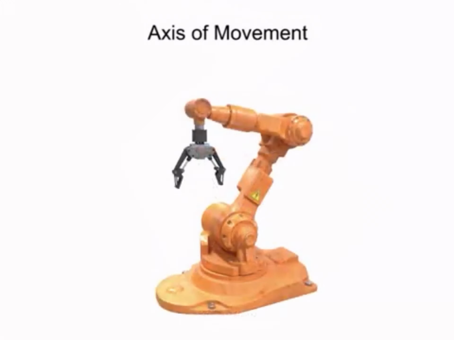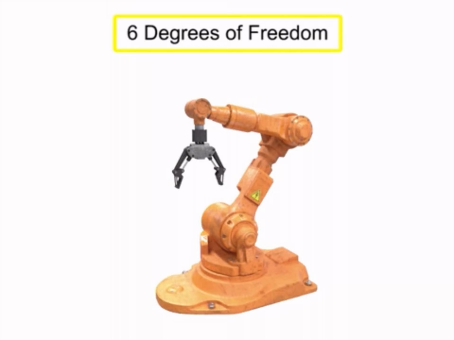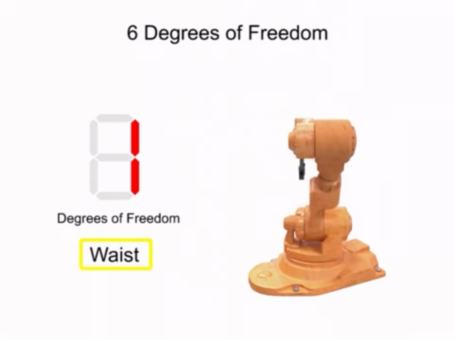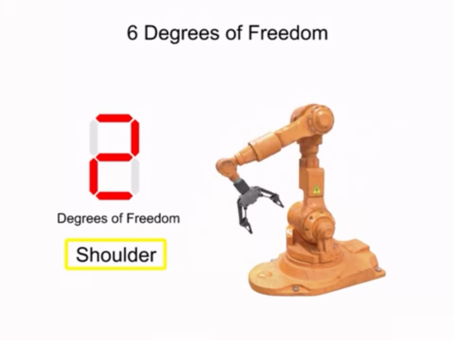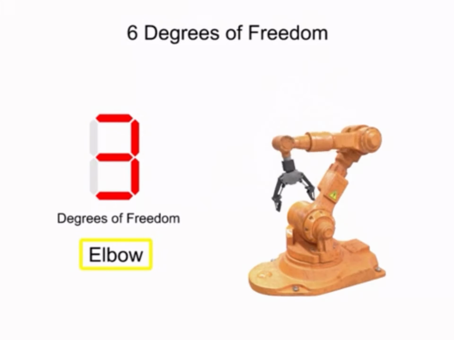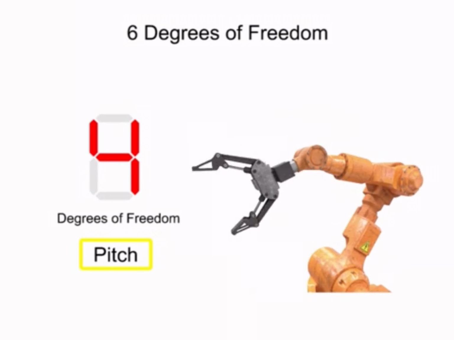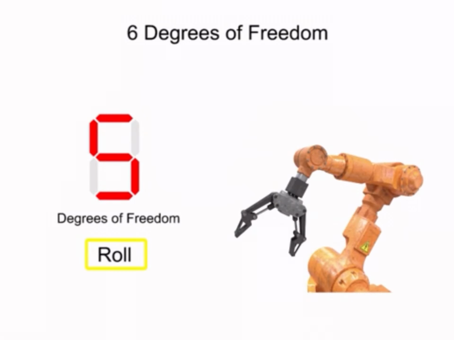Each single movement axis is equal to 1 degree of freedom. This particular robot is equal to 6 degrees of freedom. It moves along 1 axis for each of the waist, shoulder, and elbow joints, and along 3 axes at the wrist using pitch, roll, and yaw.